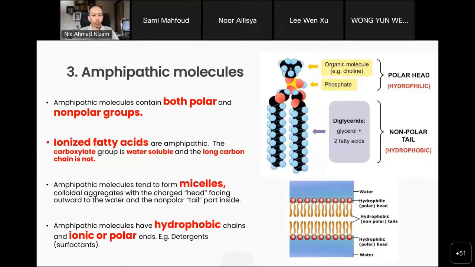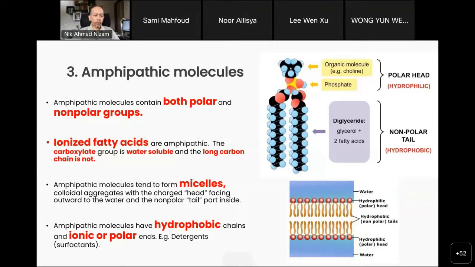Hydrophobic is a non-polar molecule, does not have an interaction with a water molecule. However, there are molecules that have both. It has a hydrophilic and also hydrophobic part in one molecule. So this is actually very unique, and there are so many applications of these amphipathic molecules.